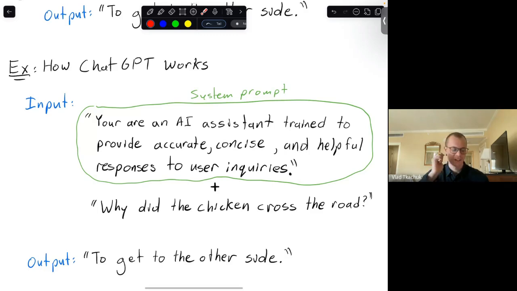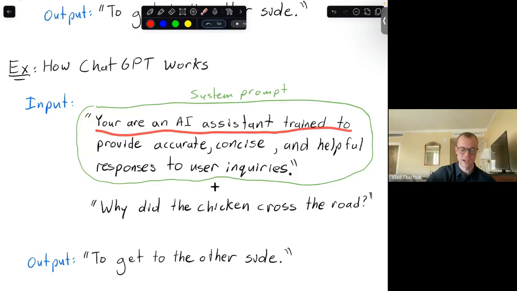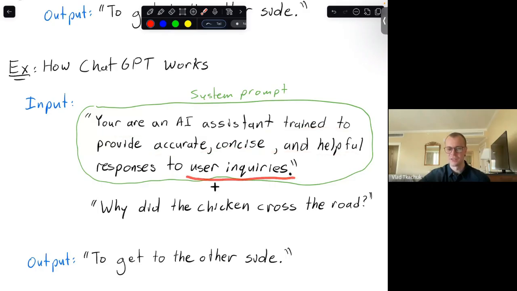What it really does is tell the language model at the very beginning what it is or what it's expected to do. They'll append something like, you are an AI assistant trained to provide accurate, concise, and helpful responses to user inquiries. This was, I think, a system prompt for Claude 3 years ago or 2 years ago or something like that.